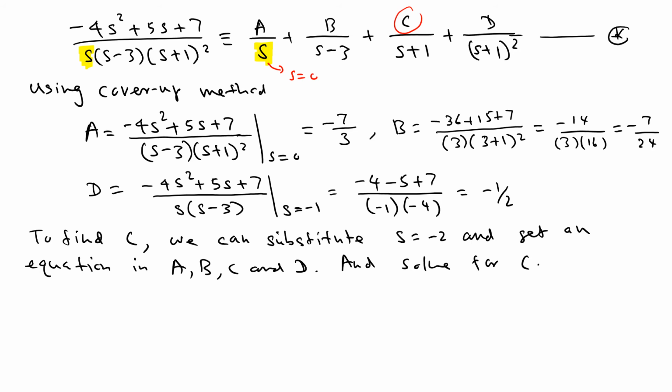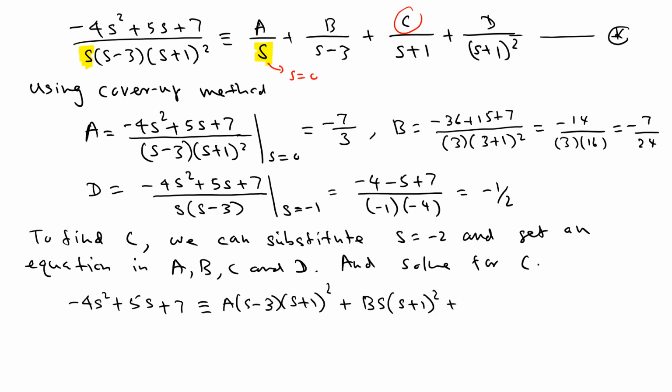So if you go back to the other method, what we have is negative 4s squared plus 5s plus 7 identical to a times s minus 3 s plus 1 squared plus bs s plus 1 squared plus cs s minus 3 s plus 1 plus ds s minus 3.